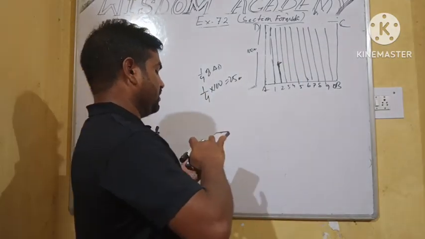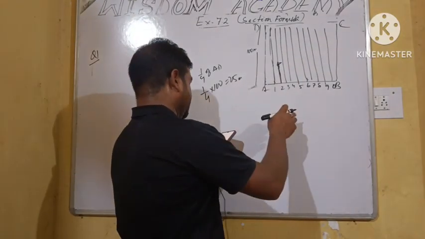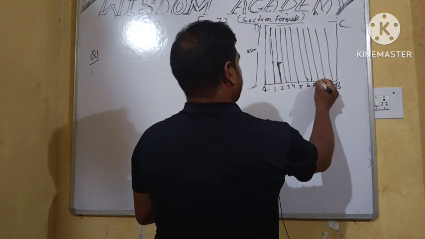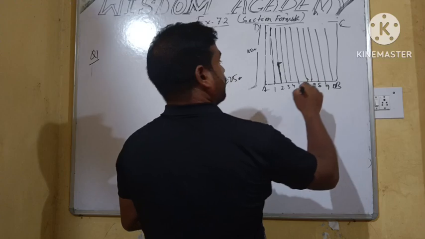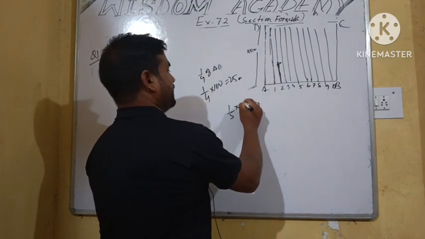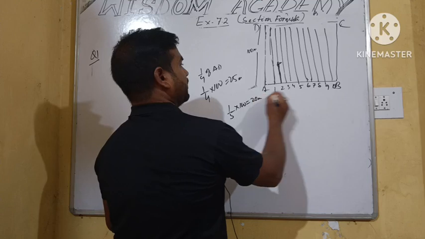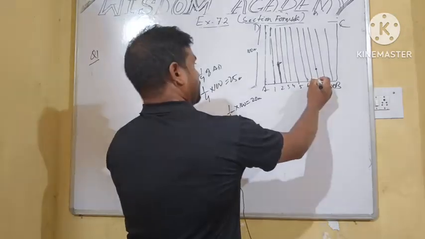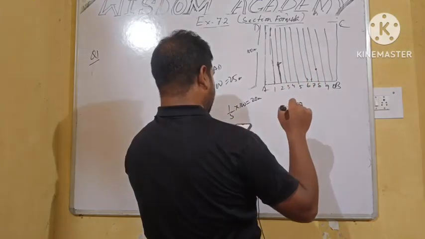Then from the eighth line, Preet runs along AD, 1/5 of AD. 1/5 of AD means 1/5 into 100, which is 20 meter. Preet covers 20 meter along with the red flag.